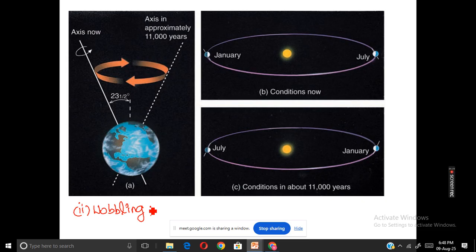What this wobbling means is that the Earth's axis is actually rotating. We know that the Earth is rotating around its axis. On top of that, the axis itself is rotating on its own. As you can see, it is undergoing a circular motion like this, a cycle. And this happens every 11,000 years.